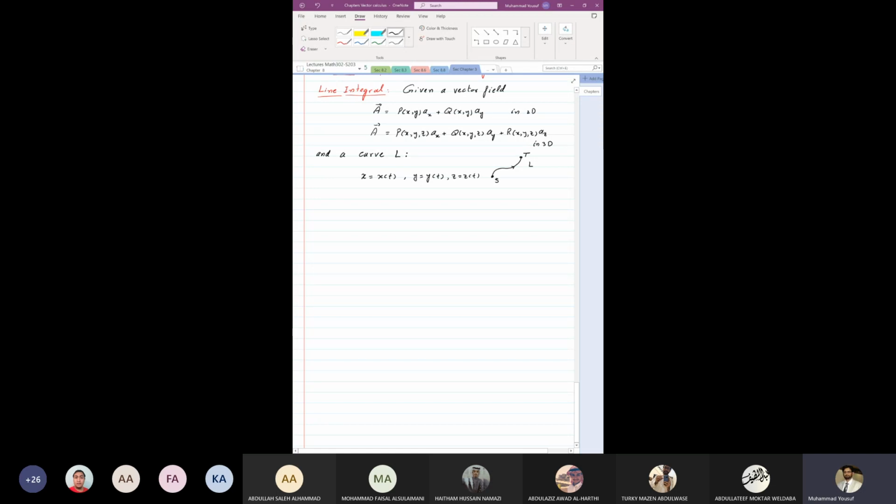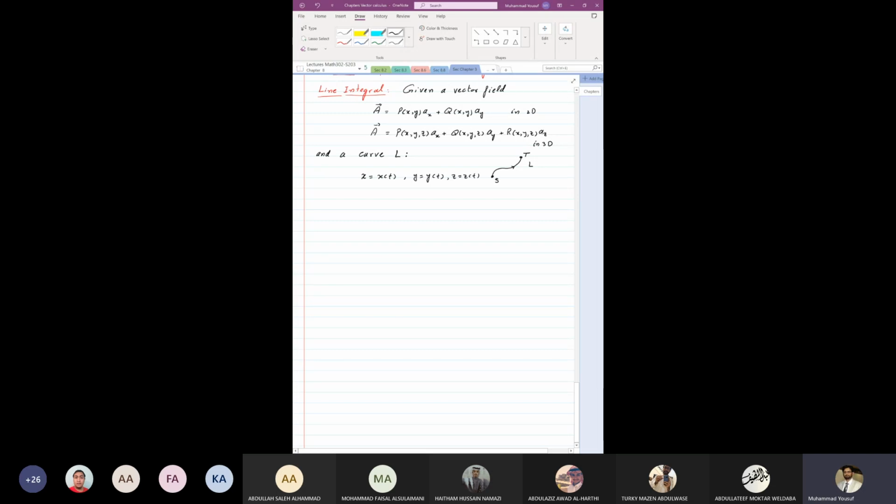These are parametric equations. Okay. So it can have a starting point. It can have some ending point. And when we do examples, we will see this in more detail.